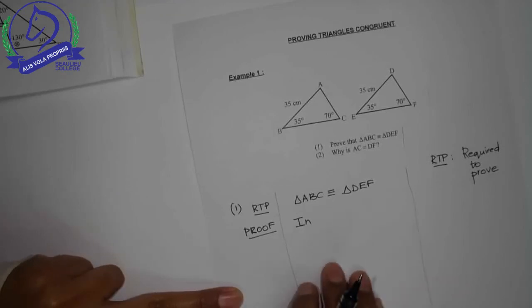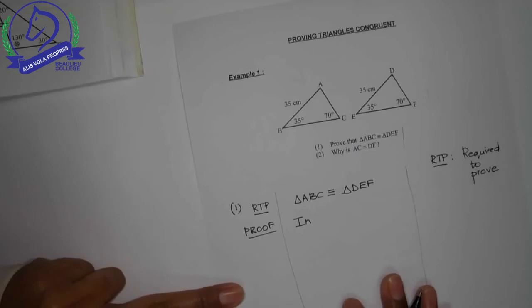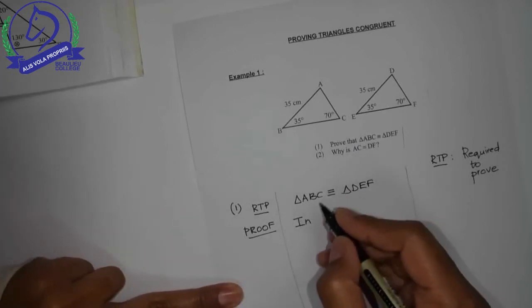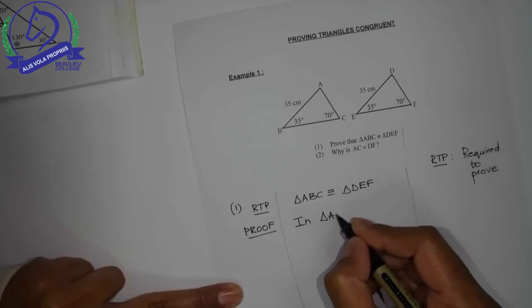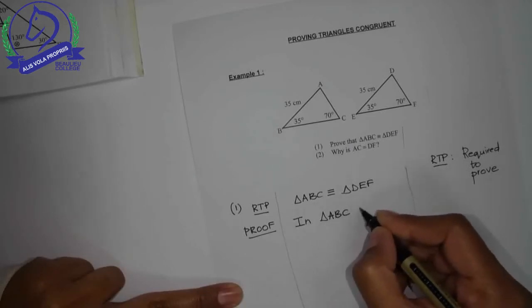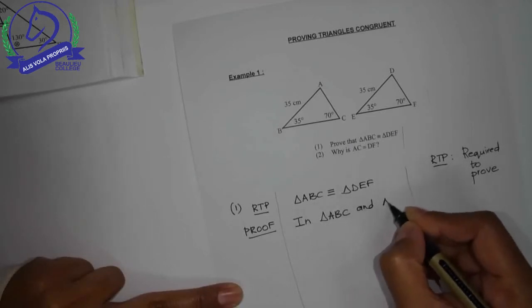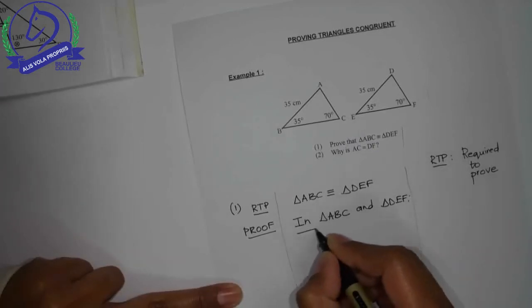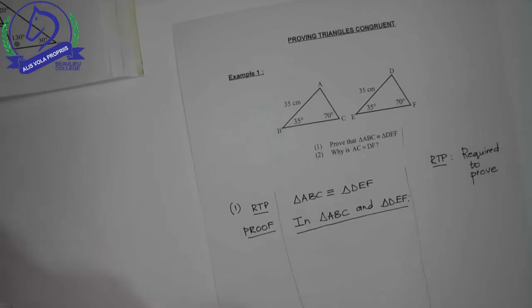So by the time you get to this point, you are familiar with naming the triangle you are working with. Okay, so you are obviously going to work with triangle ABC, and you are going to work with triangle DEF. So you say that in triangle ABC and in triangle DEF, this is what's happening.